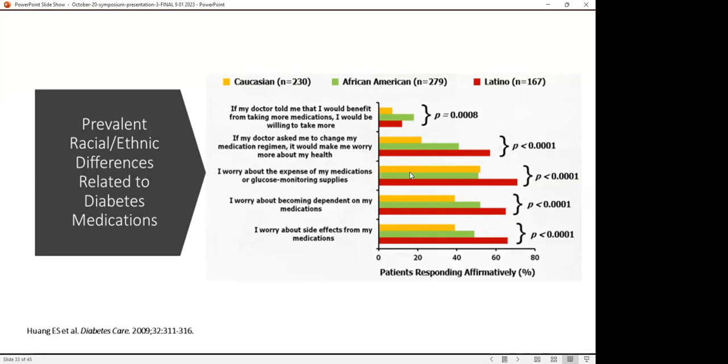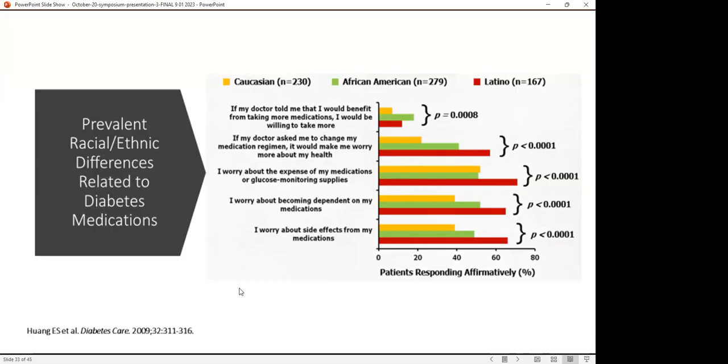And while expenses are of concern when it comes to Latino patients, look at the difference in side effects when it comes to medication, and look at dependency when it comes to medications for Latino patients. Now, there's also a concern with African American patients as well when it comes to side effects.